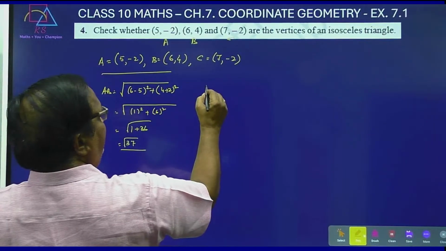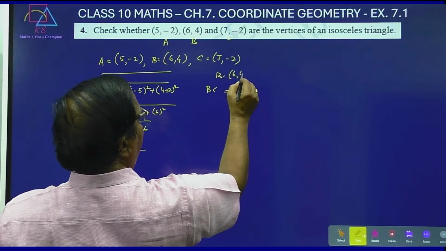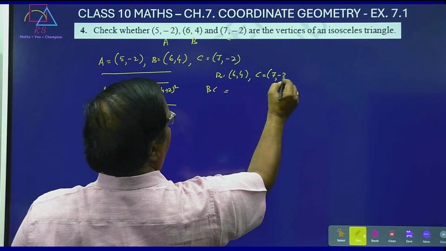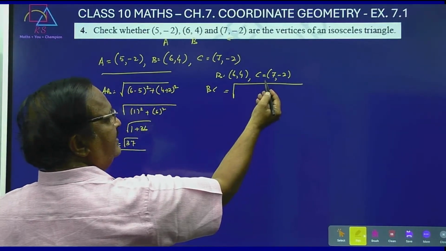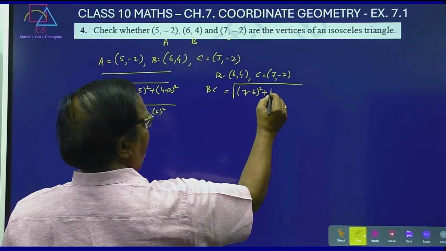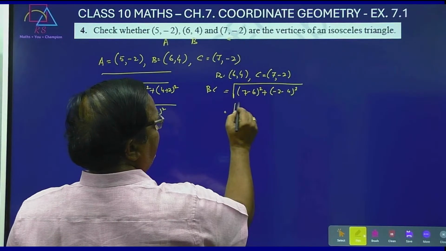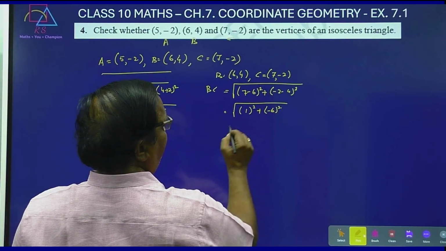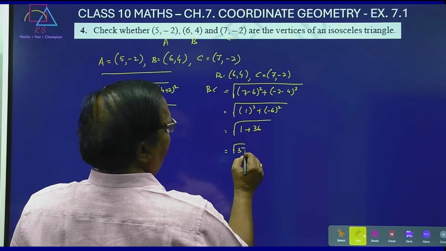Now let us find out BC also. B is (6, 4) and C is (7, -2), I am writing here so that it will be easy for us. So BC, x2 minus x1, (7 - 6) whole square and (-2 - 4) whole square, which is equal to 1 whole square plus 6 whole square, which is equal to 1 plus 36, which is root 37.